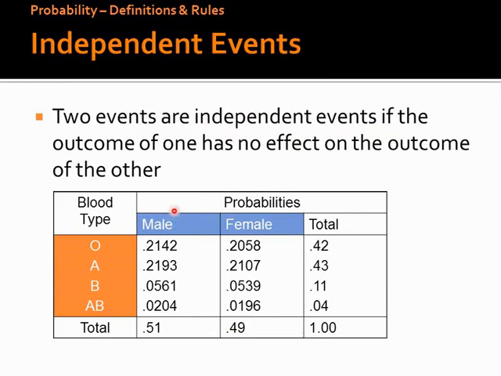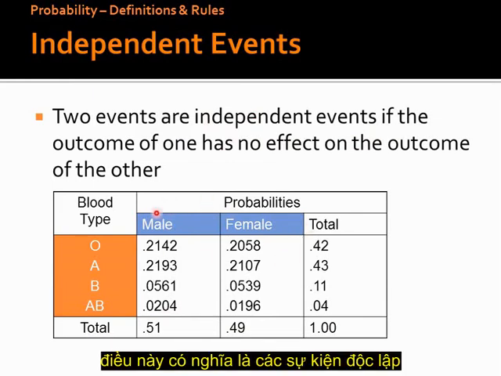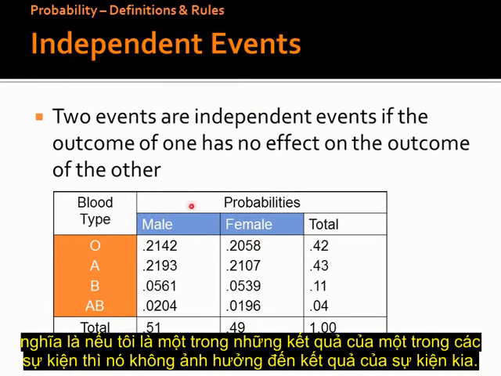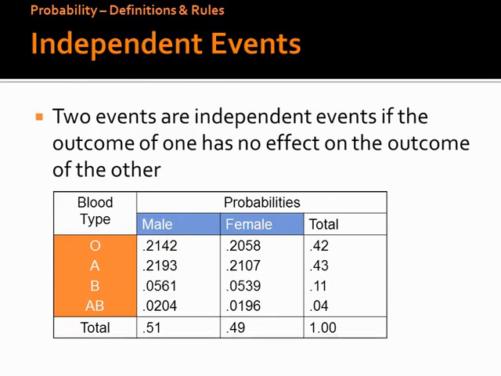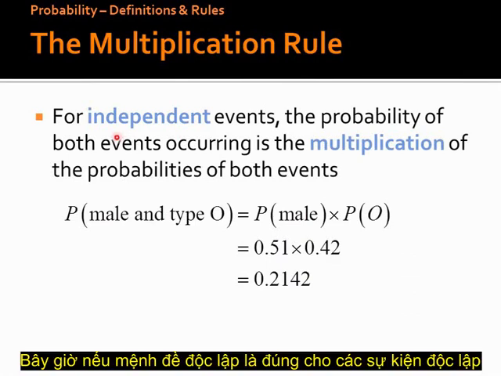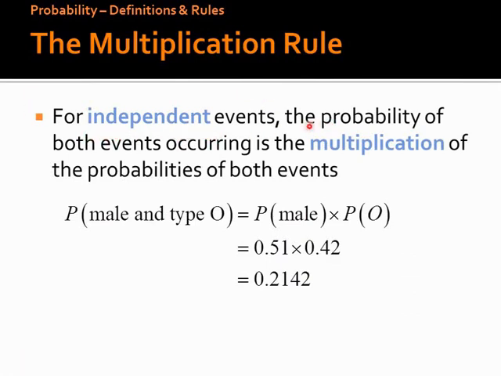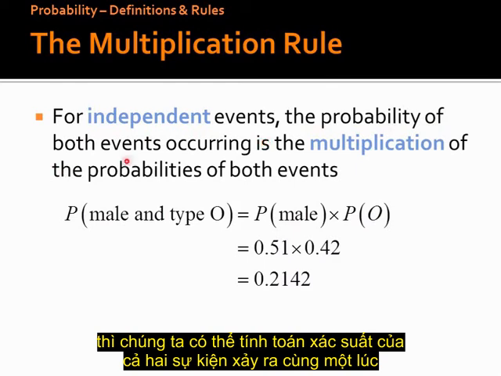Once again, independent events means that which outcome I have in one of the events has no influence on the outcome of the other event. If this is true, then for independent events we can calculate the probability of both events occurring together at the same time.